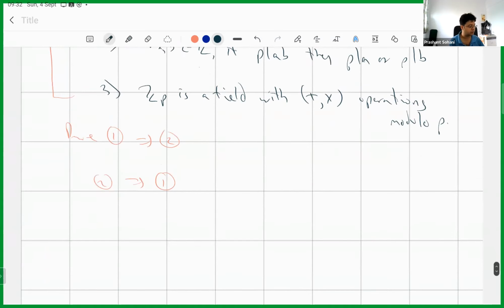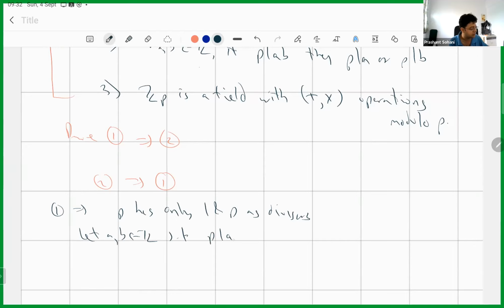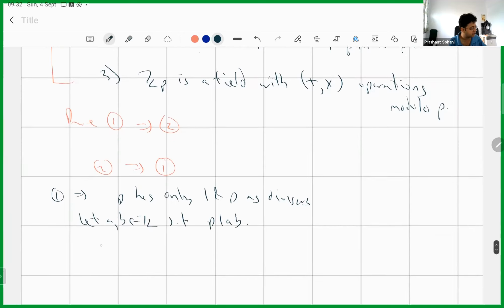This is directly from Euclid's lemma. If 1 is given, which means that P has only 1 and P as divisors, now let A and B be integers such that P divides AB. If P divides A, we are done.